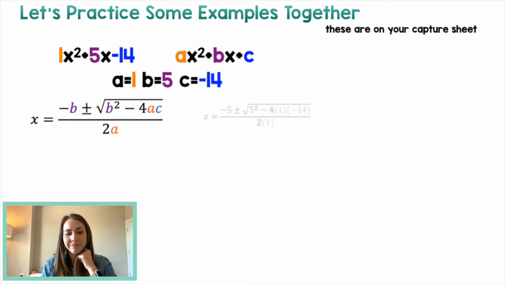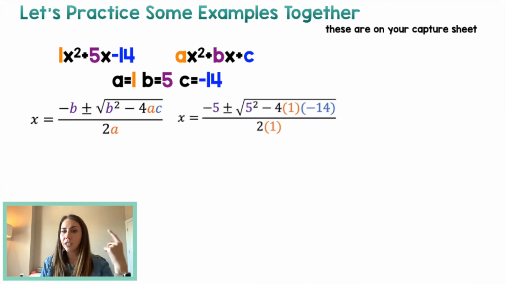When you're done, it should look like this. So x equals -5 plus or minus the square root of 5 squared minus 4 times 1 times -14, all over 2 times 1. Especially there in that square root sign, you want to make sure that you're plugging this in using parentheses to remind yourself that you are multiplying.